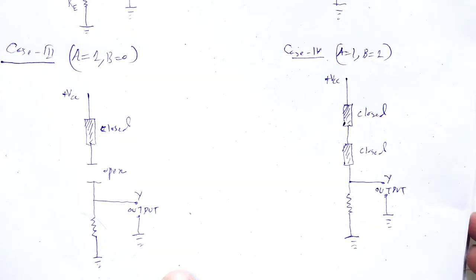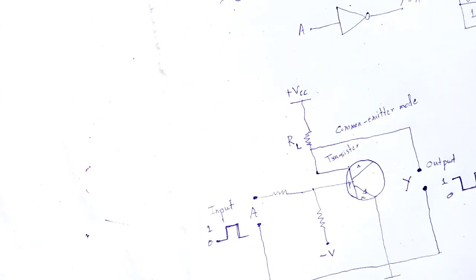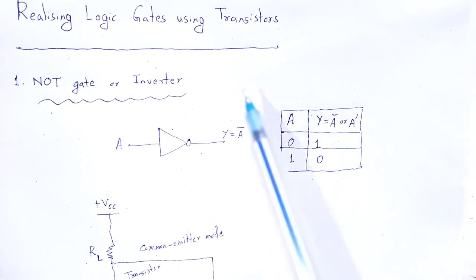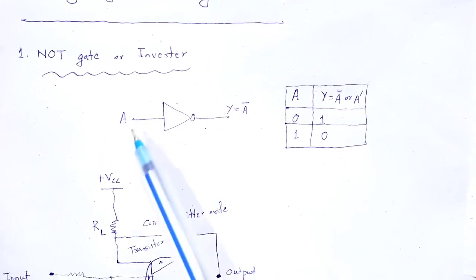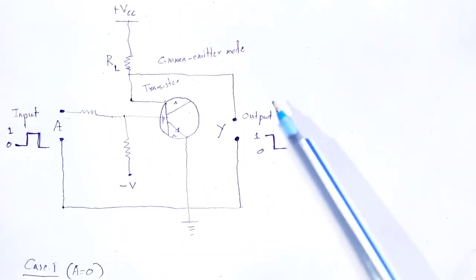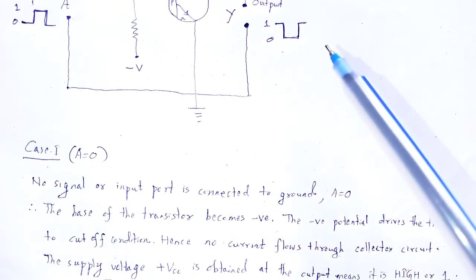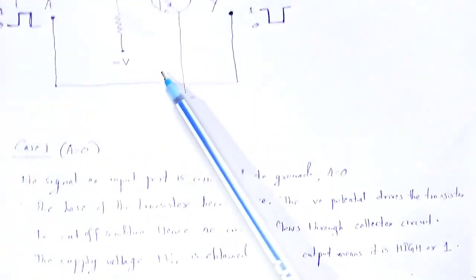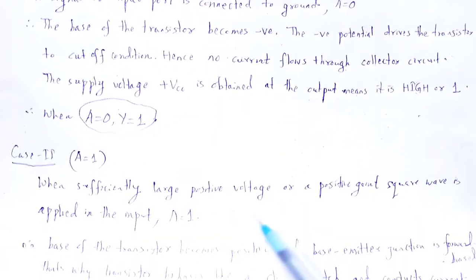So, with the help of this video lecture, we understand realizing logic gates using transistors. NOT gate, which is called inverter, we realize the situations for NOT gate by taking transistors, case number 1 and case number 2.